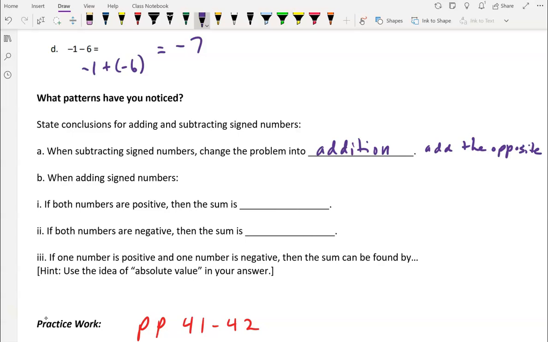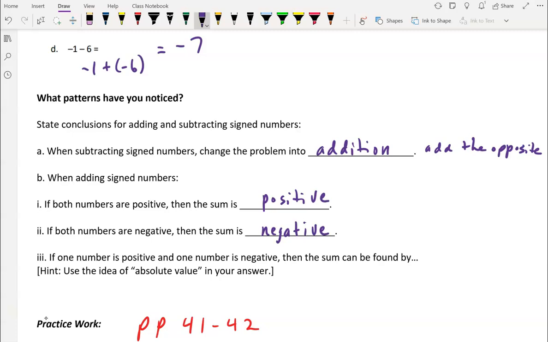When adding signed numbers, if both numbers are positive, then the sum is positive. It's just a larger positive, right? If both numbers are negative, when you're adding them together, that sum is going to be just a larger negative. It's farther away from 0 on the negative side.